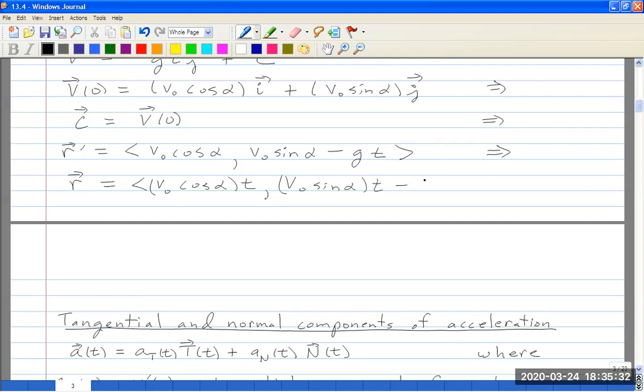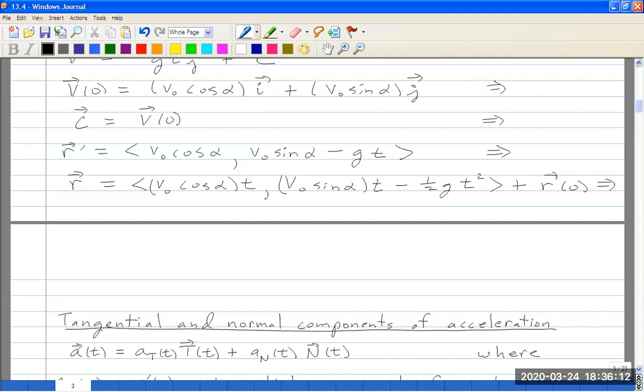And the integral of t will give me a 1/2 g t squared plus C. C, in this case, is going to be the initial position, but I can assume that the initial position is 0. Notice that if you plug in 0, you get 0 here.